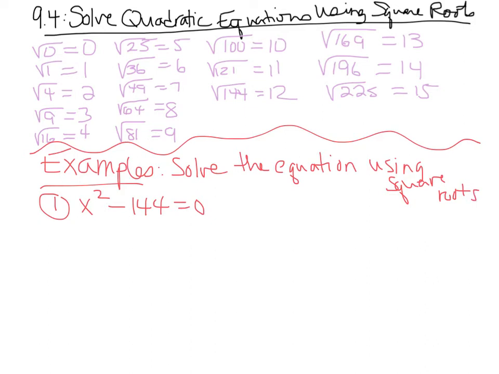So to do that, your step one is going to be to get the squared variable by itself. When we were factoring, we always solved for 0, but in this case, when you're solving using square roots, you're going to get the squared variable by itself.